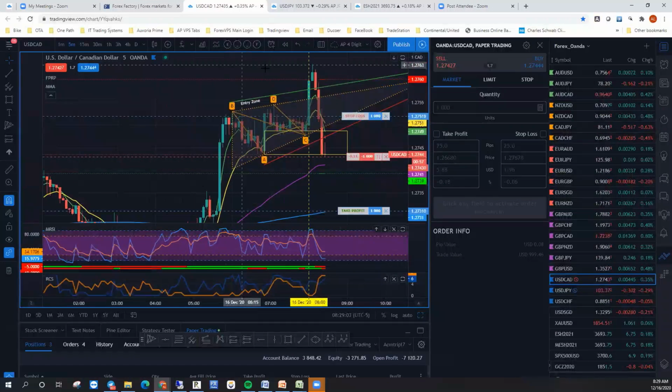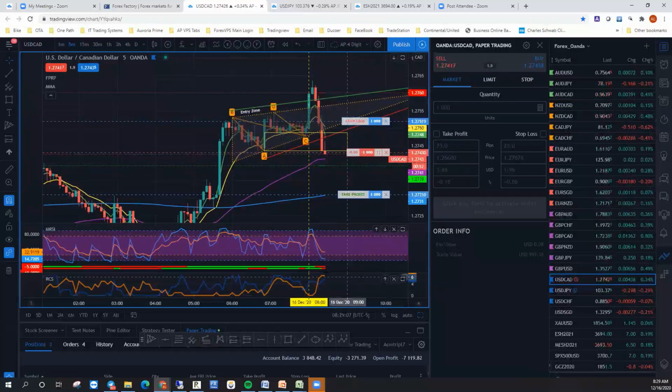Still showing... Let's see. Right now, it's showing that we're still showing dollar strength. Dollar's starting to weaken a little bit here. It was still 6 on the 5.